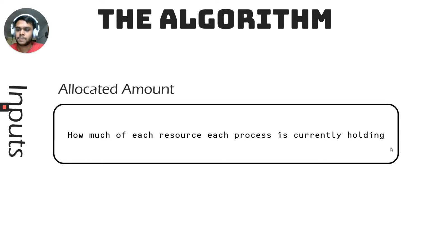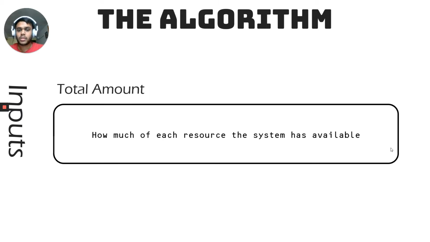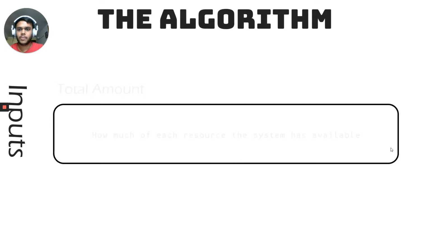Inputs. First we need to know the allocated amount of each of the process, the number of resources each process is using. We also need to know the total amount of resources that the system can make available for the processes.